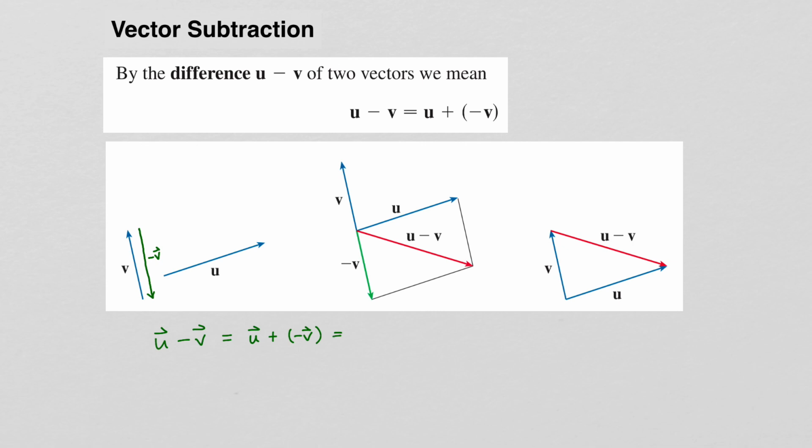And to do that geometrically, I'm simply going to take the negative v here and attach it to the end of u. So negative v, if I attach it to the end of u, would look something like this. And then u plus negative v would be this vector right here.